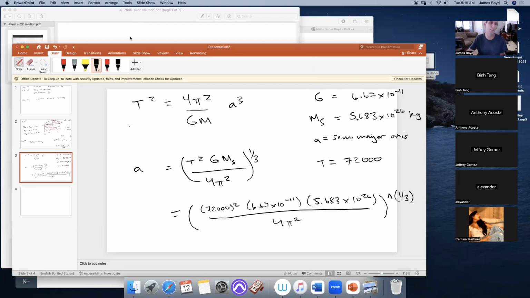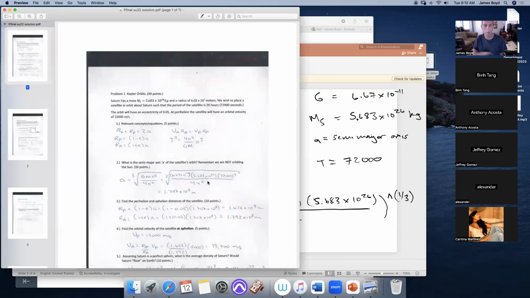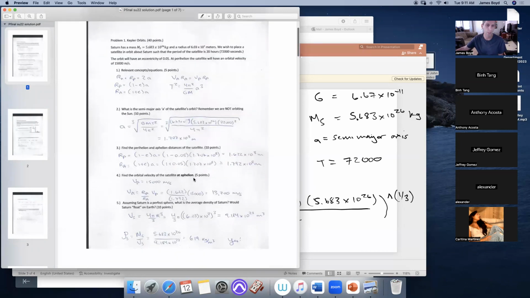If you do all that, we find that our A is 1.707 times 10 to the 8th. Just keep that in mind. Now we could turn that into AU. We're not going to because we're around Saturn in this case. But if it was in AU, we could leave it in AU.